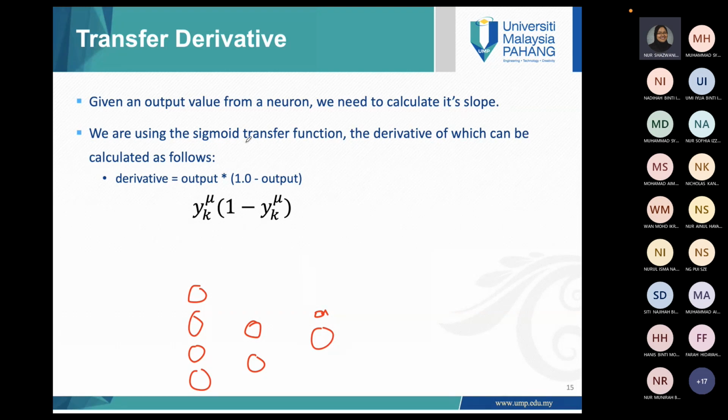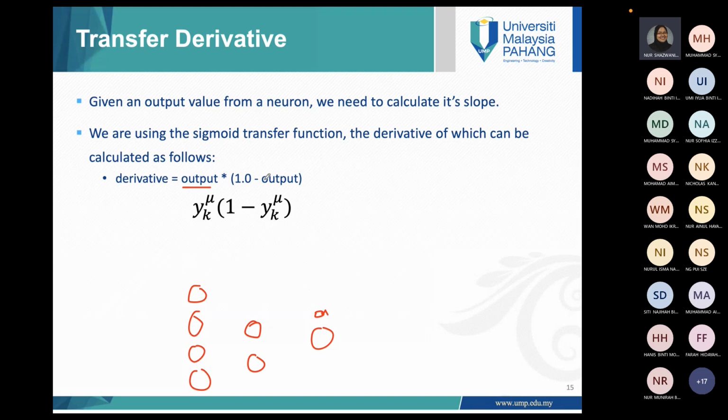Using the sigmoid transfer function, the derivative can be calculated as below. The formula for the derivative is output multiplied by 1 minus output.